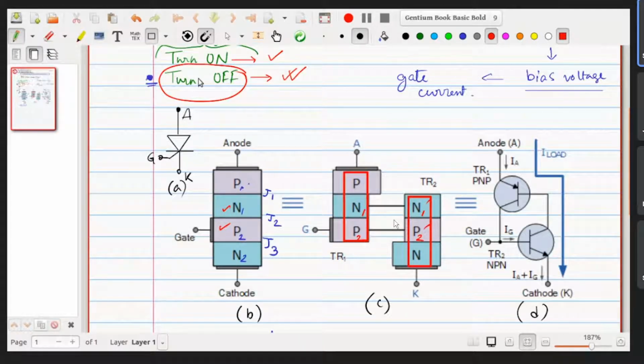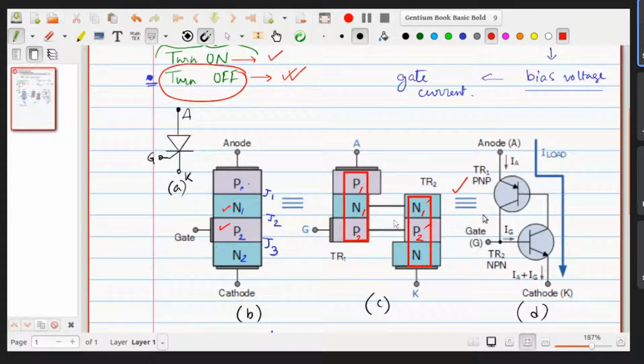The layers P1, N1, P2 form the PNP transistor, and N1 dash, P2 dash, N2 form the NPN transistor. So we have 2 transistor blocks, and accordingly, this is the equivalent circuit representation.